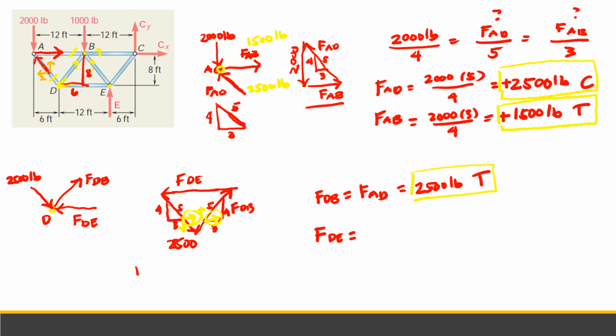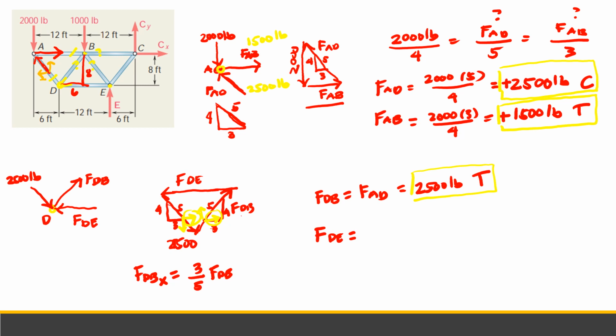So for force DB, the X component of force DB is, sa triangle natin, meron tayong 3, 4, so that is 3 over 5 of F DB. This is the way on how you find X and Y components of a force given that the slope is perfect, or ganito yung slopes niya.